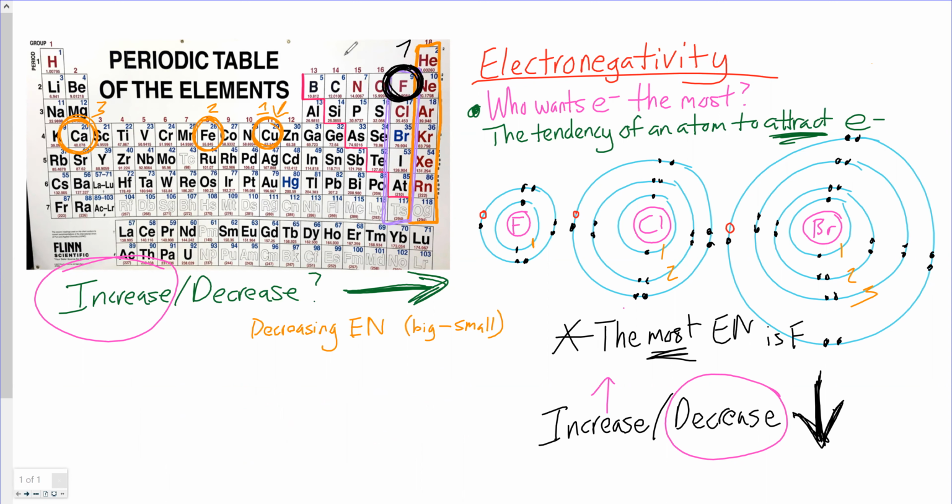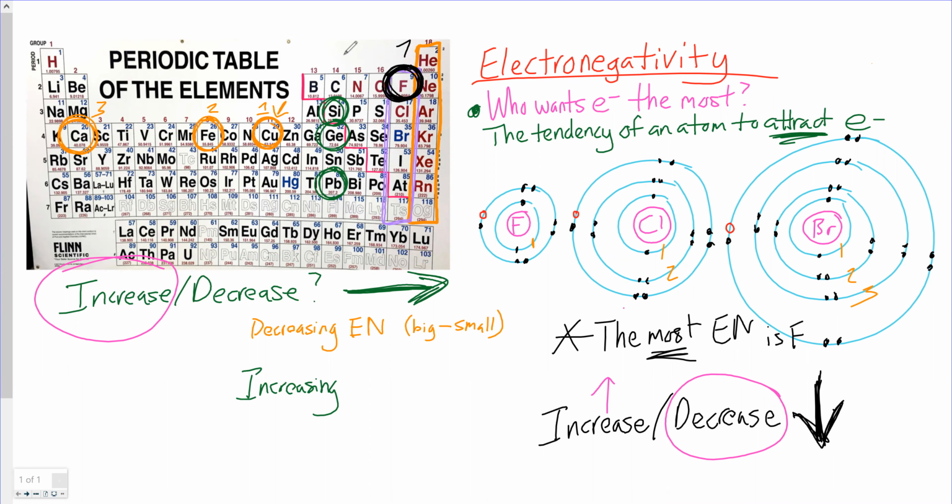Let's do lead, which is Pb, Si, which is silicon, and Ge, germanium.